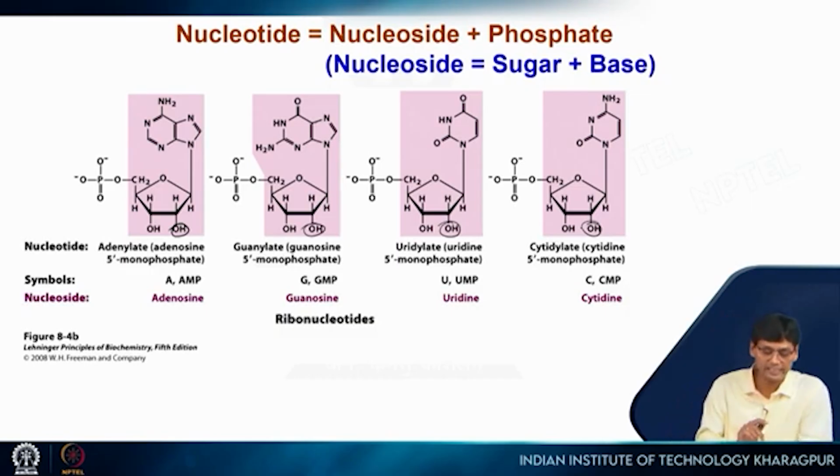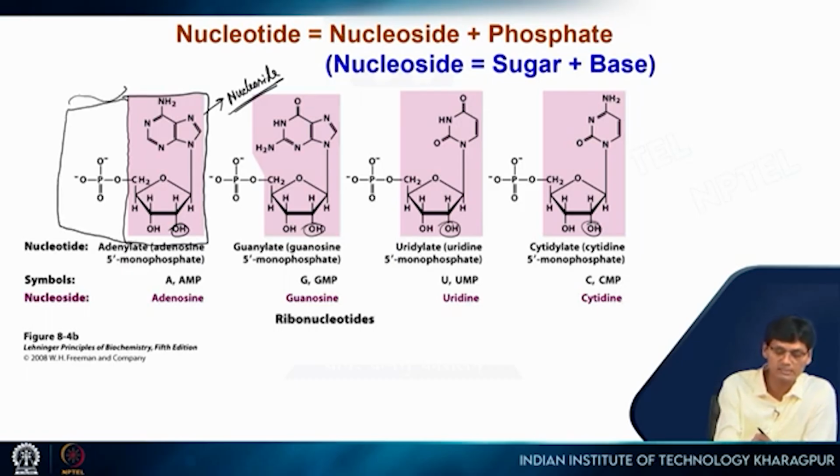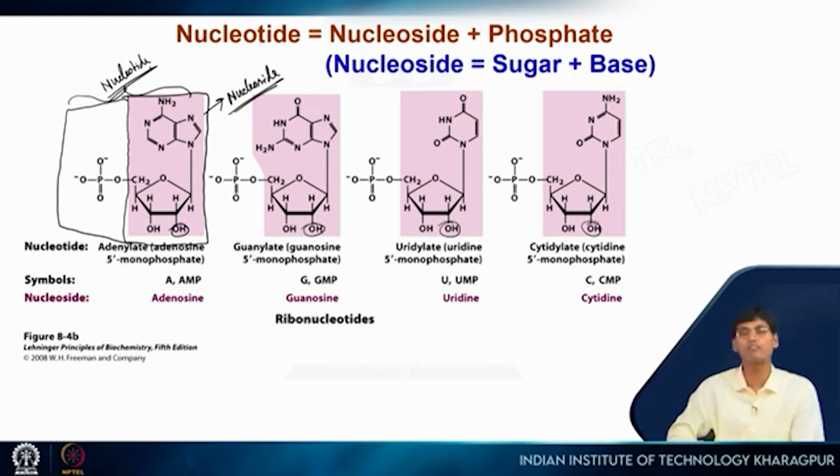And as I already mentioned, I am clarifying again that if I include just this portion, the sugar and the nitrogenous base, that is a nucleoside. And whenever we include the phosphate, together this is a nucleotide, the building block of nucleic acid.